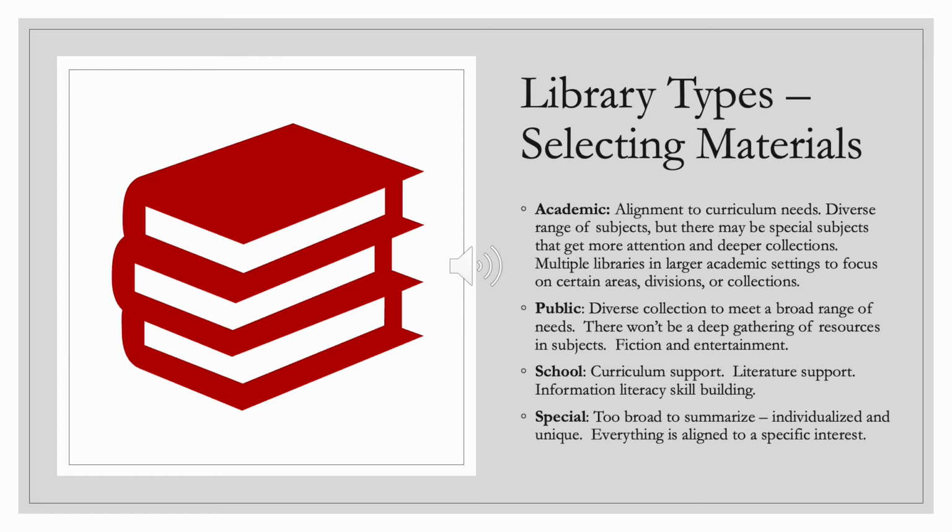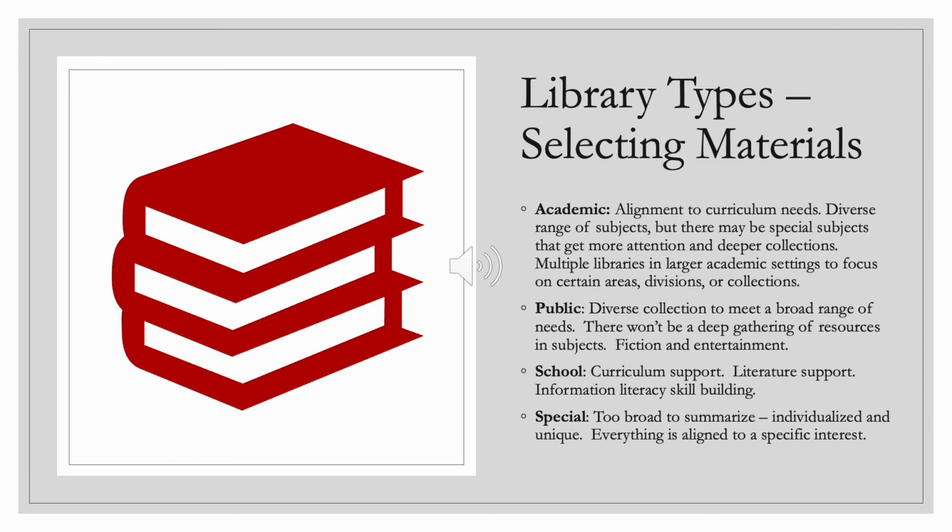This means they most likely will have a diverse range of subjects, and there may be certain subjects or areas that the college specializes in, or that it might have to support more than another area. Also, in larger academic institutions, you may see that the libraries may or may not be connected through a single policy, or they may have an overarching policy and then separate, more specific policies for each library as well.